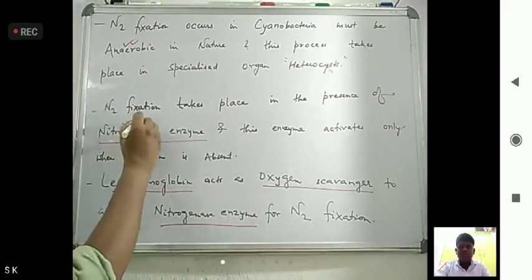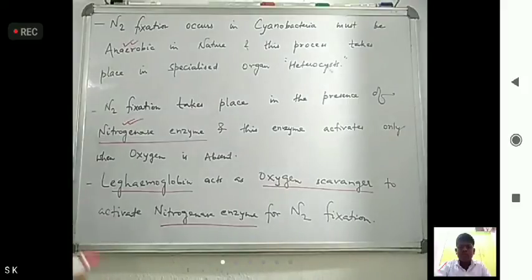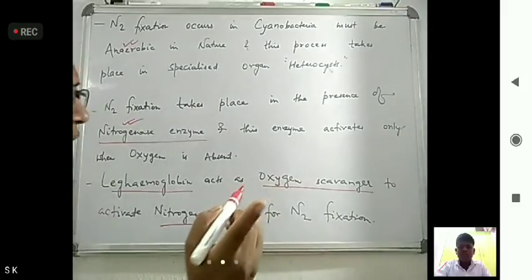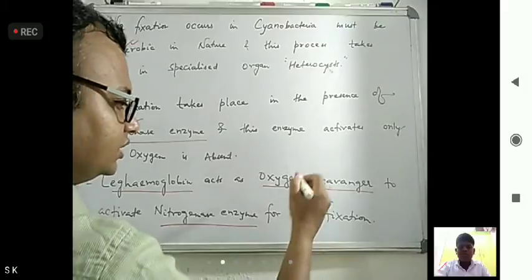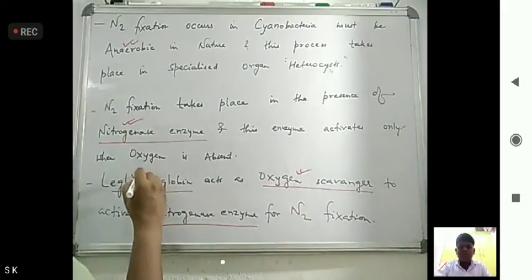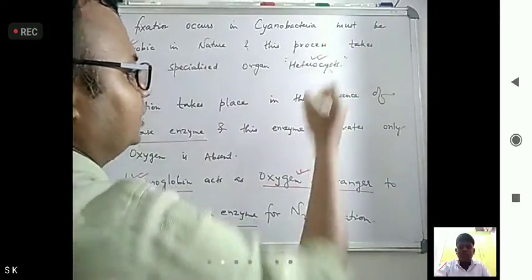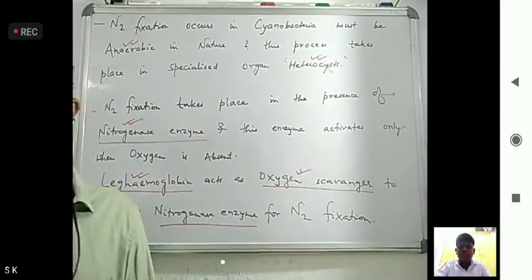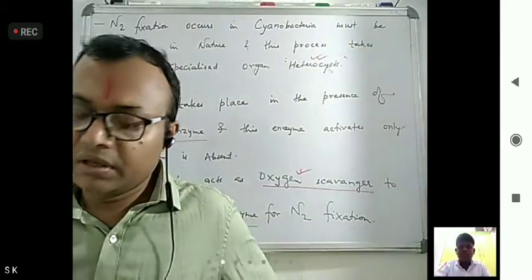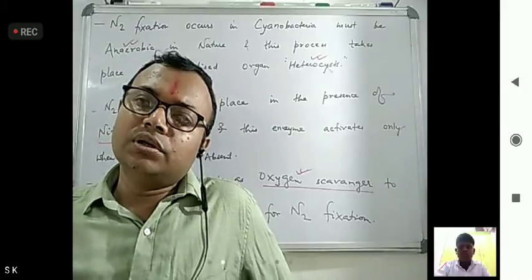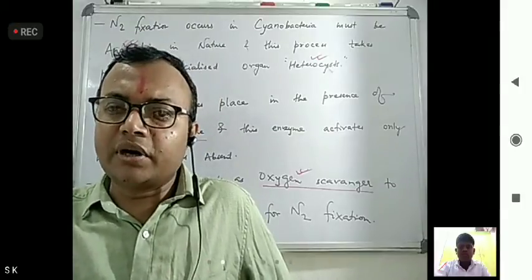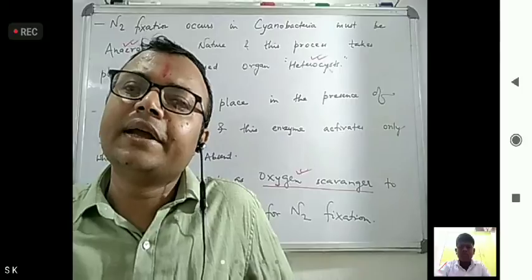One, which enzyme is important? Nitrogenase enzyme. And which one acts as oxygen scavenger? That is leghemoglobin. And where it takes place, you already know, that is heterocyst. Now, this is one type of organism that comes under kingdom Monera.